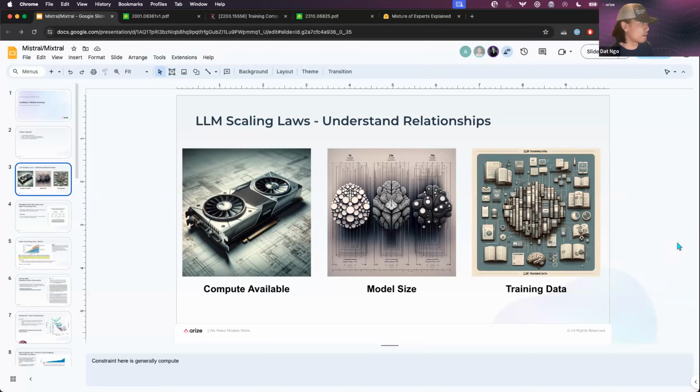The big takeaway is that we're generally constrained on compute. We can control model size and training data, and the smarter we train our base models during the training stage, the more performant we'll get. What we're optimizing for in production is inference time.